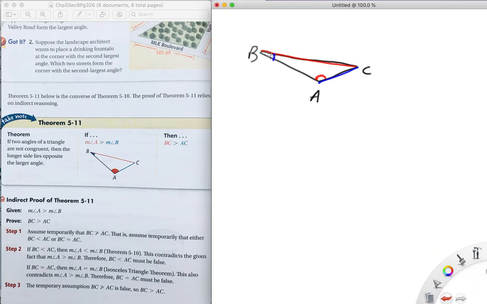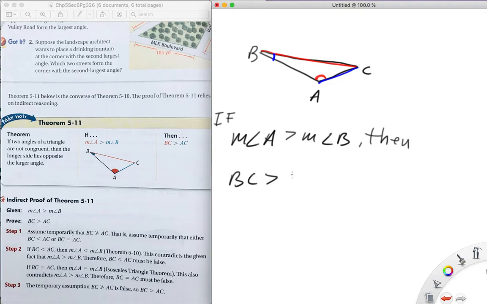Okay, so now instead of saying the larger side, the larger angle, now we're going to say the larger angle, the larger side. So if the measure of angle A is greater than the measure of angle B, then I can say that side BC is greater than side AC. The side opposite the angle: the bigger the angle, the bigger the side. The smaller the angle, the smaller the side.